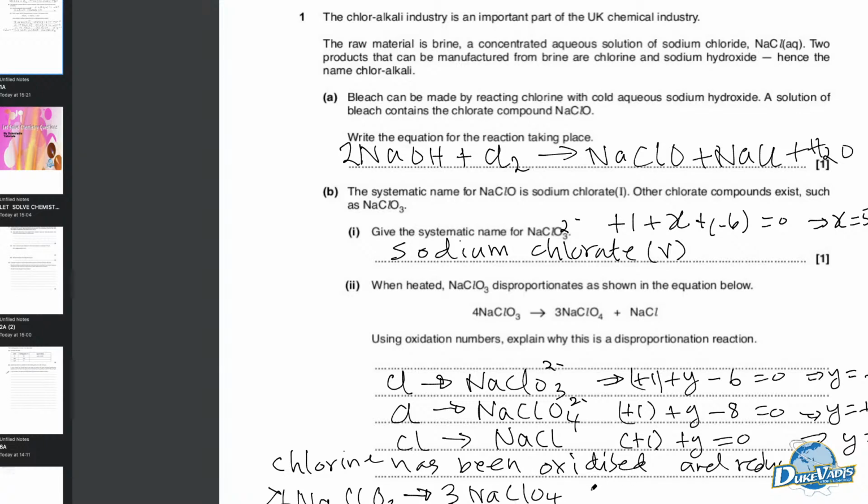plus the sodium chloride produced. If we look at this reaction, the chlorine had an oxidation state of +5 over here. And when we get to this place here, it became +7.